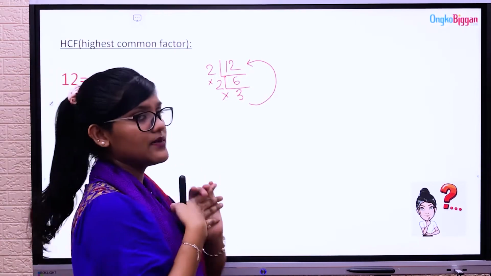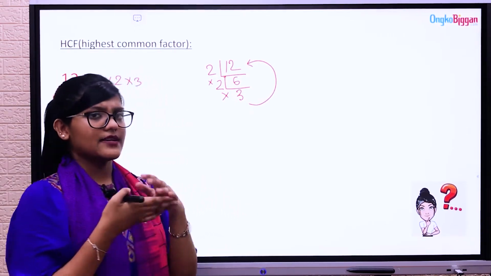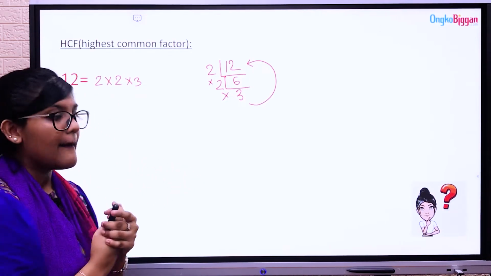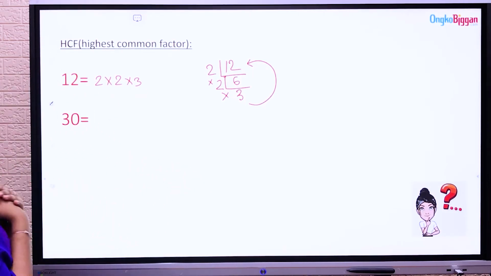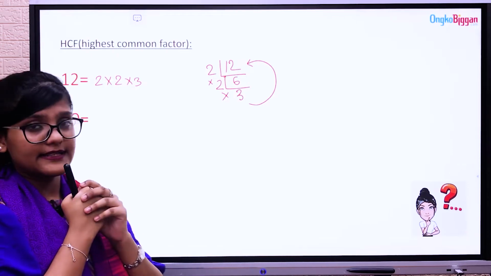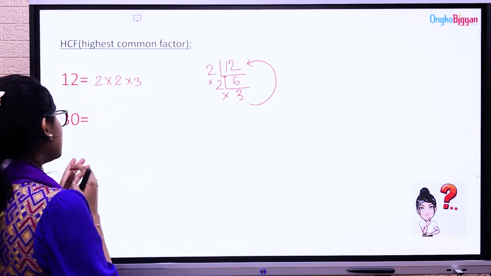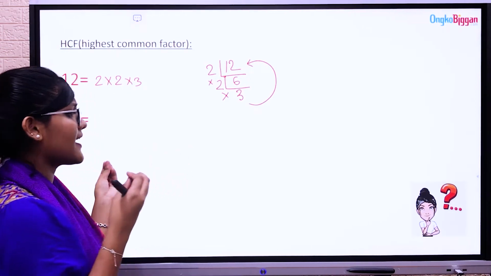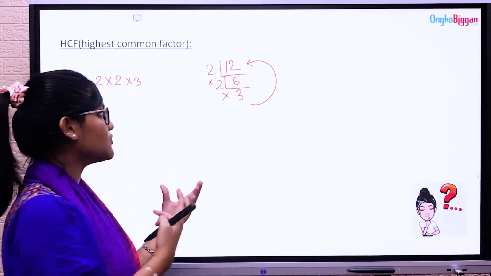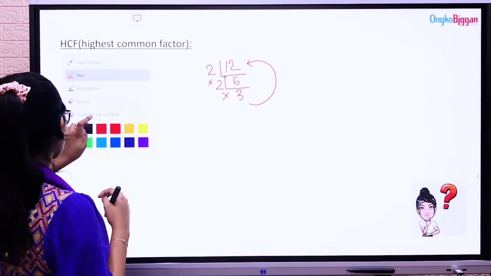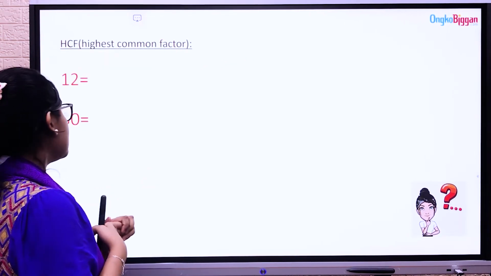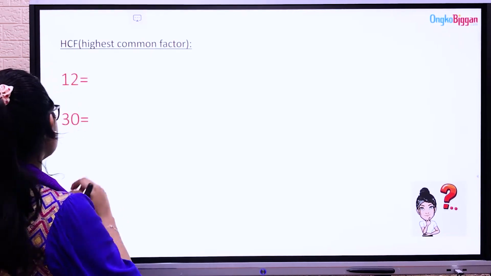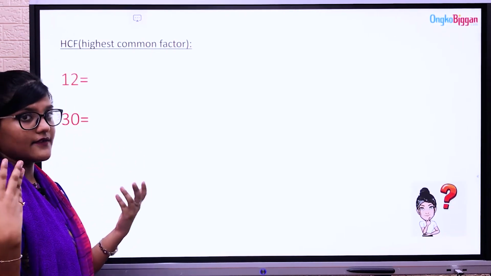Actually, in this process we get the prime factors of a number, but for understanding the concept of highest common factor, that means HCF, firstly I will show you writing all the possible factors of 12. So if I remove all the ink and take the pen again, I will start from 1.